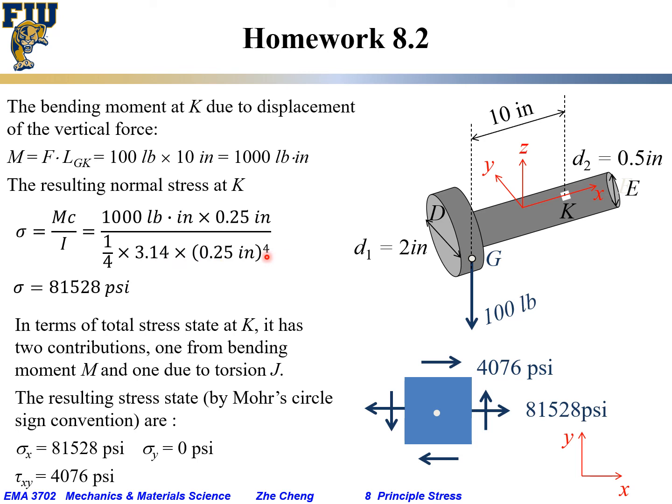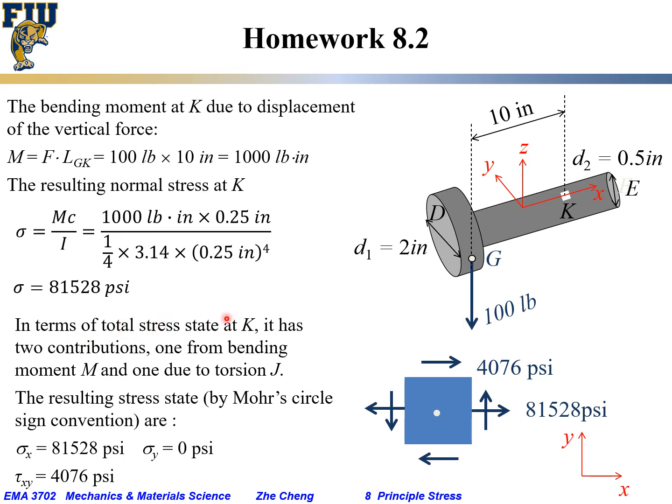The normal stress would be 81,528 psi. That is the normal stress along the longitudinal axis due to the bending effect by itself. So now we have shearing stress and bending stress.